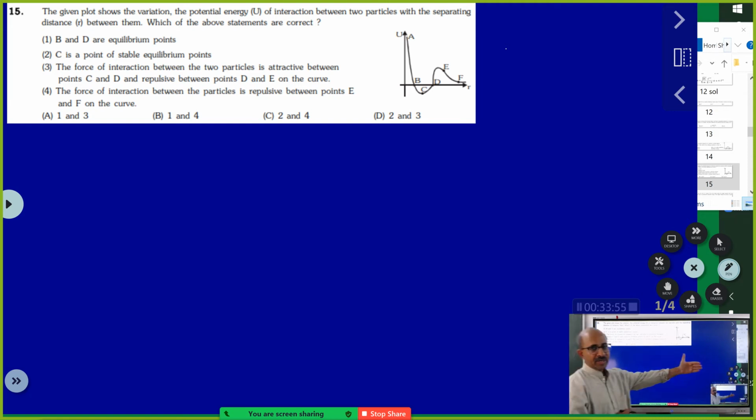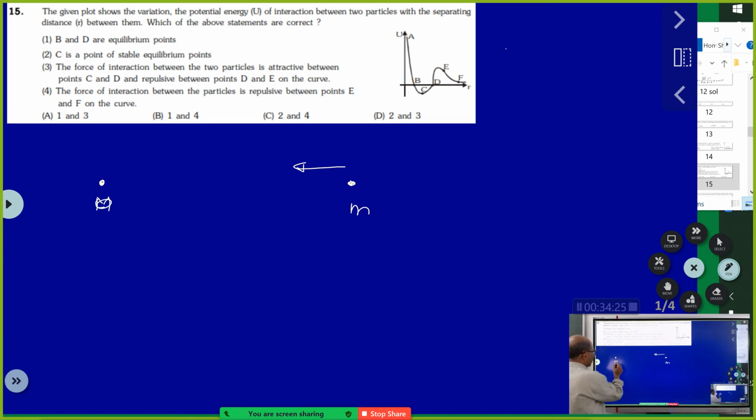If you go from infinity and start coming towards, say there is something here and there is something here. Assume that it is mass or charge, whatever it is.